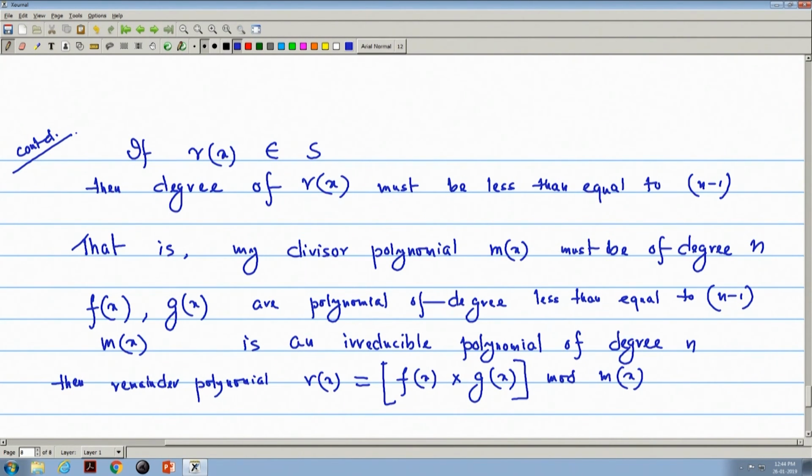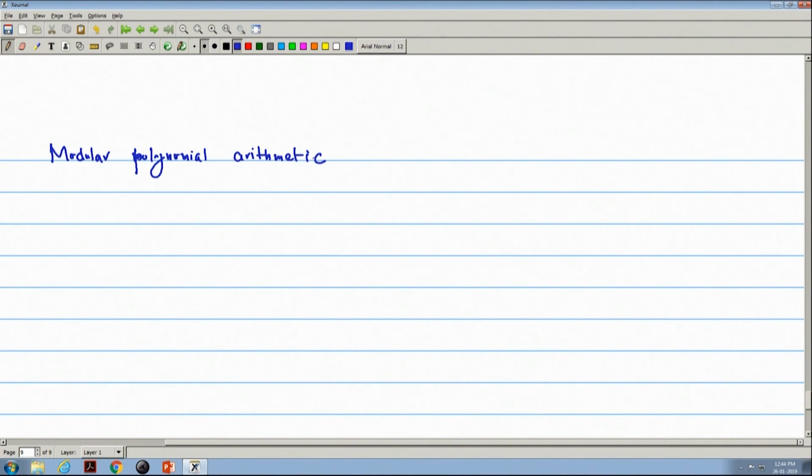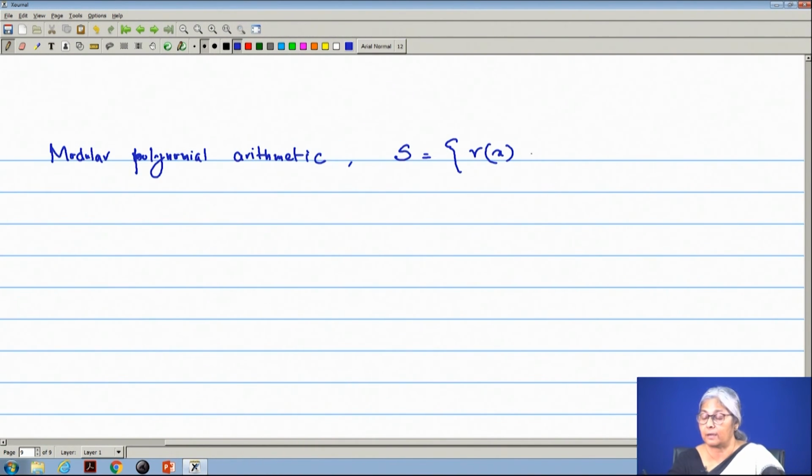So, now with all this set of polynomials, because R x is of degree less than equal to n minus 1, R x belongs to S. Now if we consider the modular polynomial arithmetic, then we will be using my set S with all the R x's, where R x is f x g x mod m x.